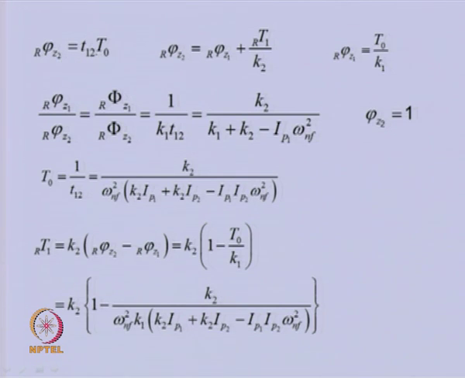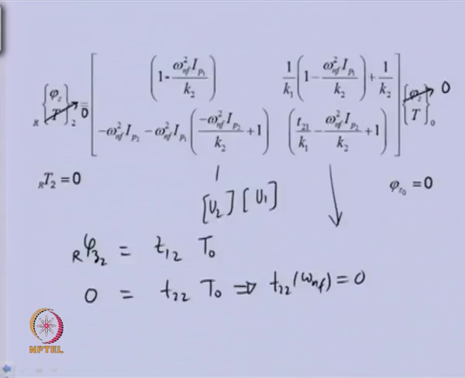If we go back and see, this particular equation we did not use, this was the frequency equation, and it can be used to obtain this particular displacement. For a unit torque at station 0, we can get this particular angular displacement.